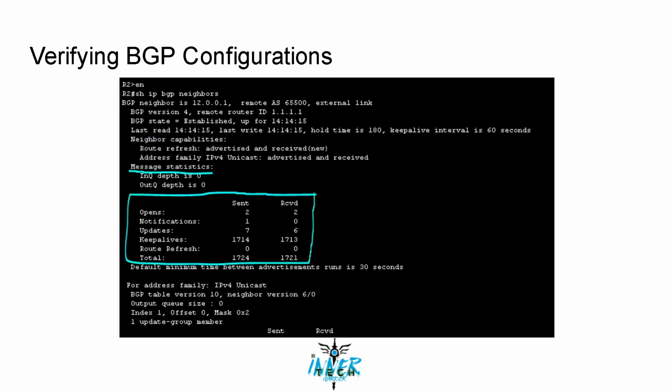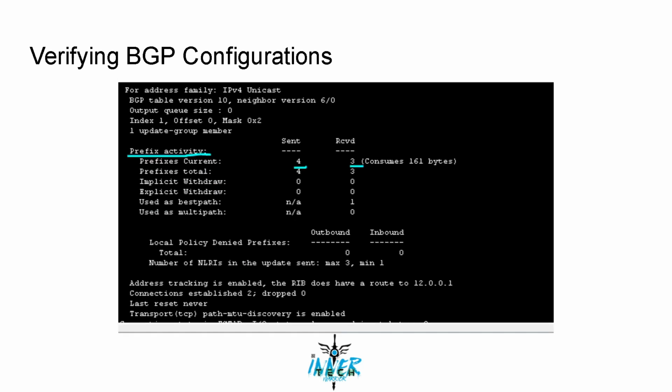Message statistics show the number of messages sent and received from the neighbor, such as opens, notifications, updates, keepalives, etc. For example, opens 2/2 means that 2 open messages were sent and received to establish the session. Updates 7/6 means that 7 update messages were sent and 6 were received to exchange routing information. So these values can help identify any message errors or mismatches between the peers.